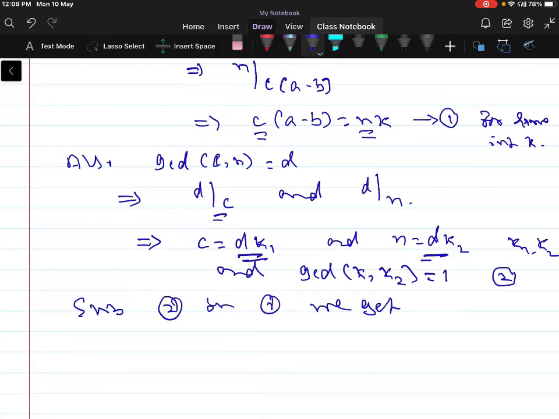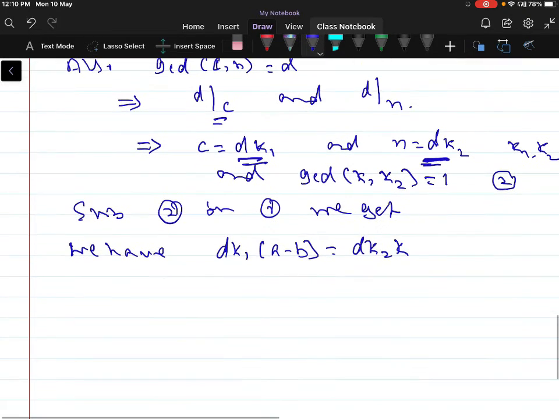From 1, using 2, we have D into K1 into A minus B is equal to N, which is nothing but D into K2, that is D into K2 into K. Here D gets cancelled, so this implies K1 into A minus B is equal to K2 into K.